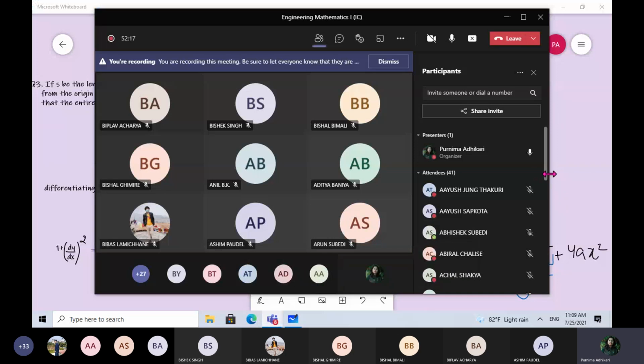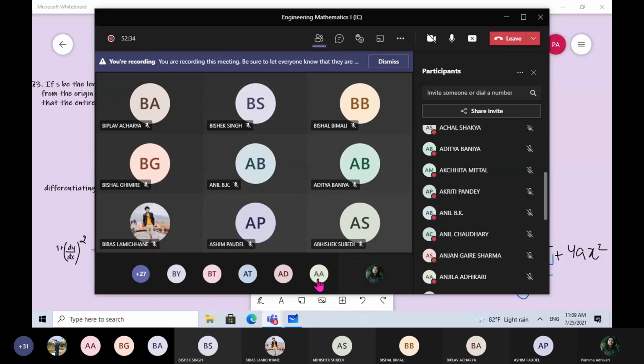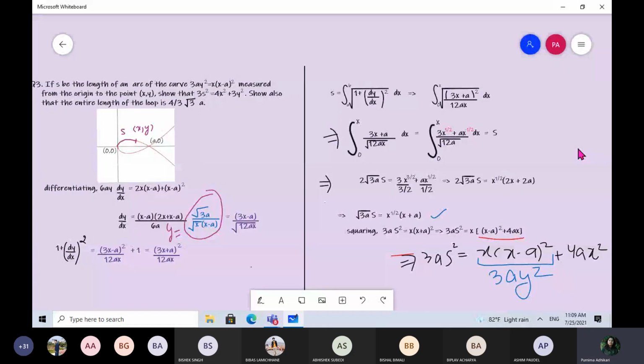Yes Abhishek Subedi. Yes, ma'am. Okay, बुझ्या छ कि छैन? Ma'am, म त हेर्दै थिएँ, बिचमा पुगिरहेको छु. Okay, okay, what about Anjula Adhikari?